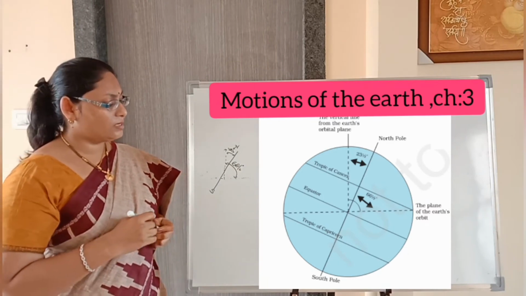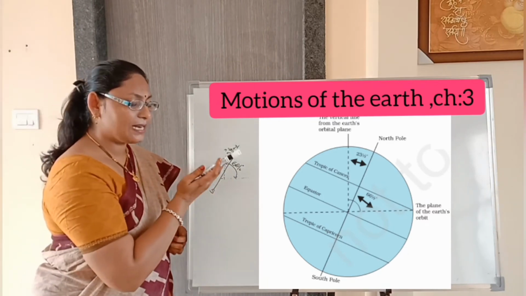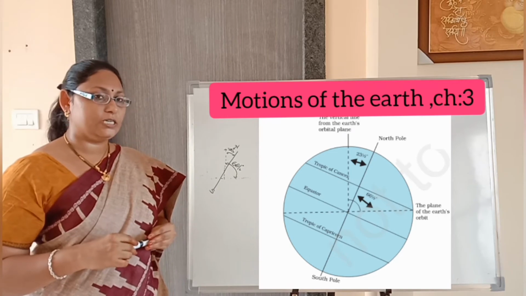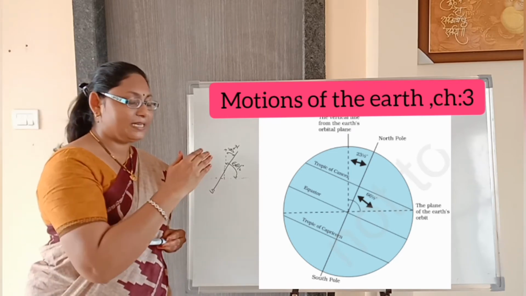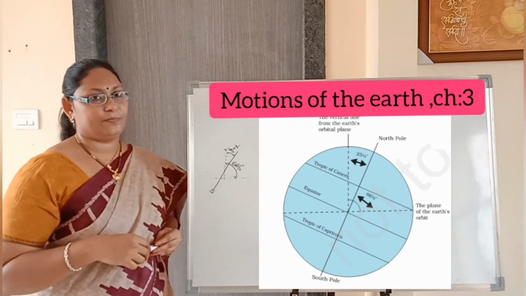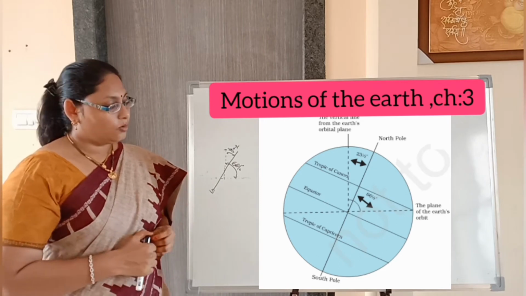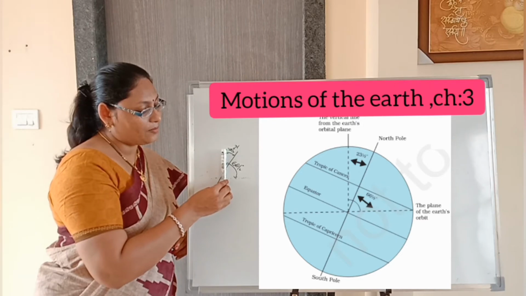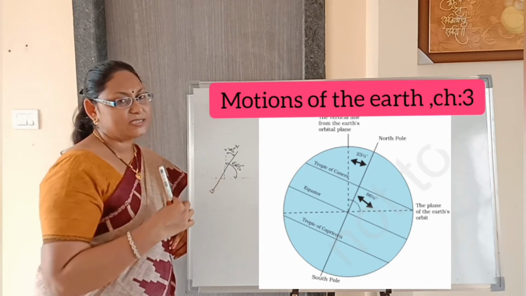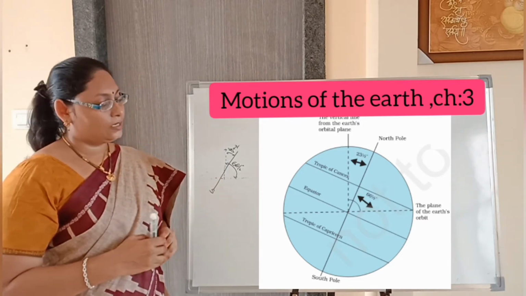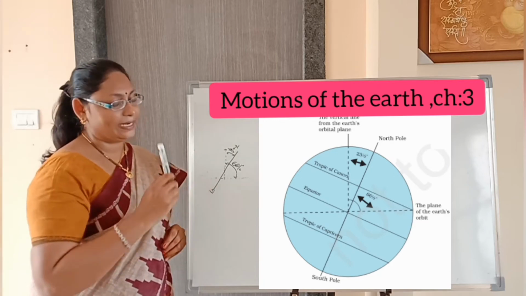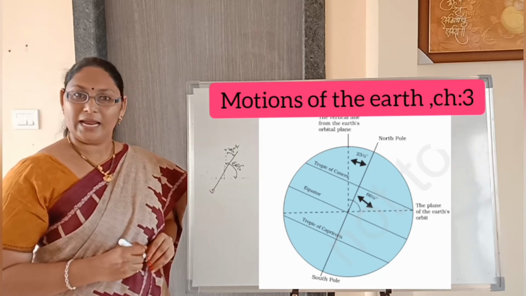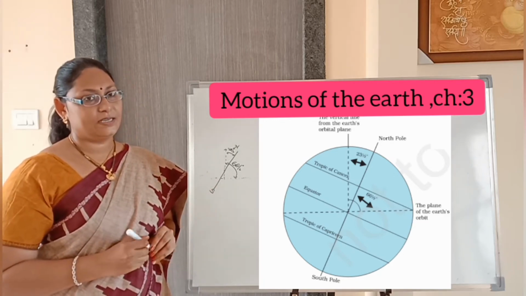Because the axis is inclined towards the right side of the earth, a 23.5 degree inclination is there. So if it would not incline, if it were a straight line, what is the angle of Earth's axis? 66.5 plus 23.5, 90 degrees, right?